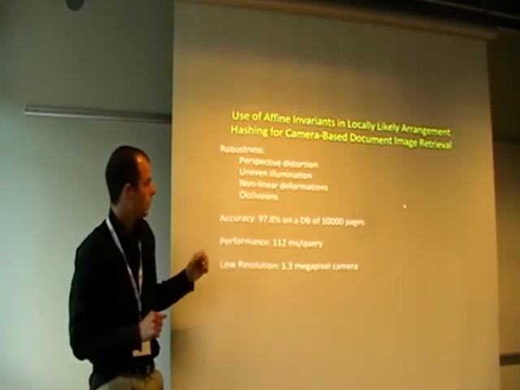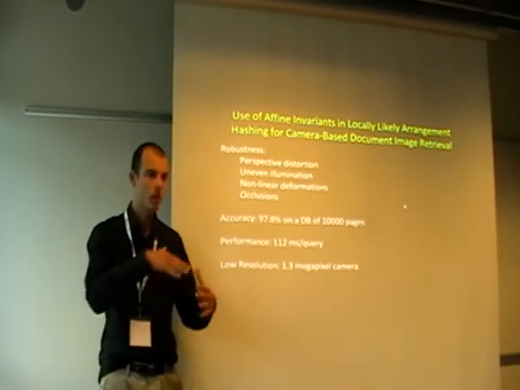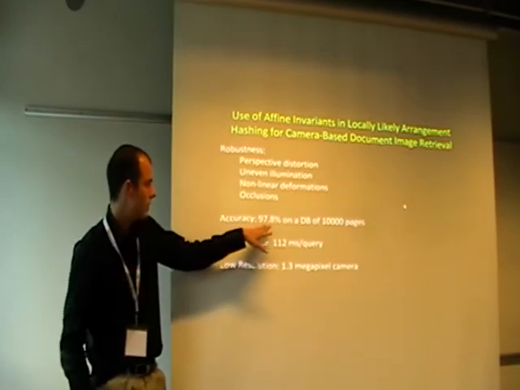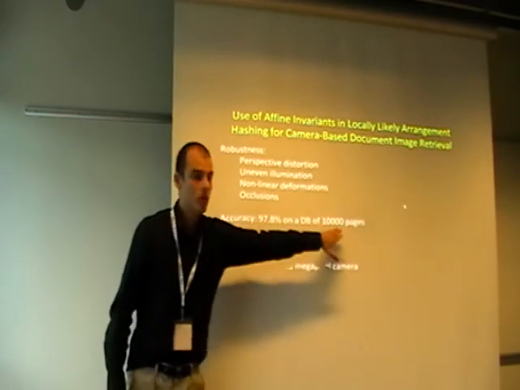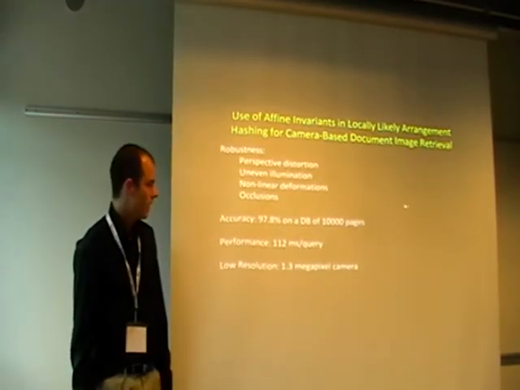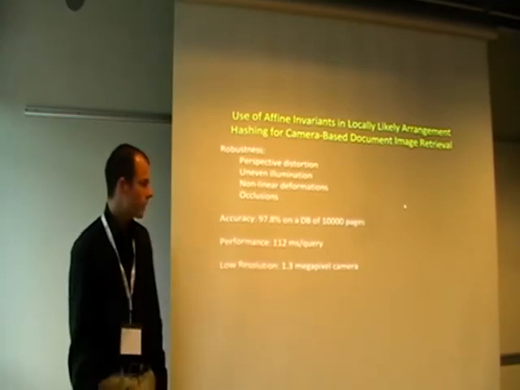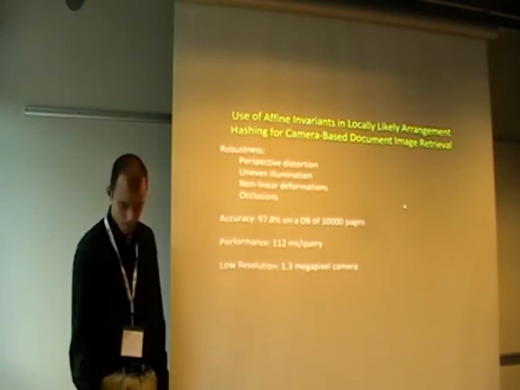If you think about hands on the text while we take annotations, the page is still well recognized. They claim an accuracy rate of 97.8% on a database of 10,000 pages. This is quite an impressive result on this topic. The performance allows for real-time applications.